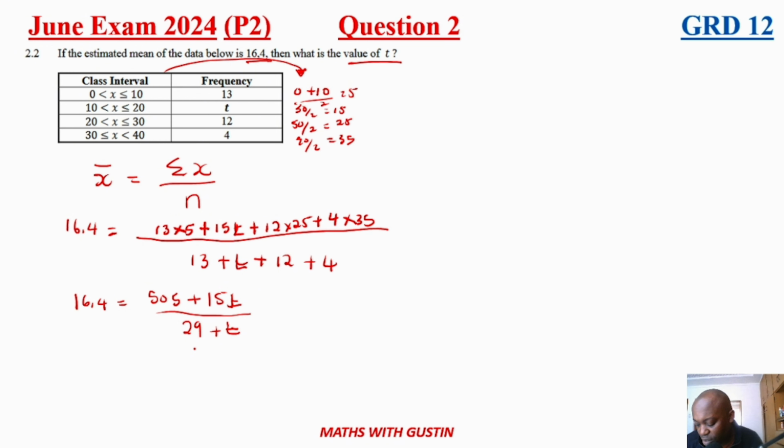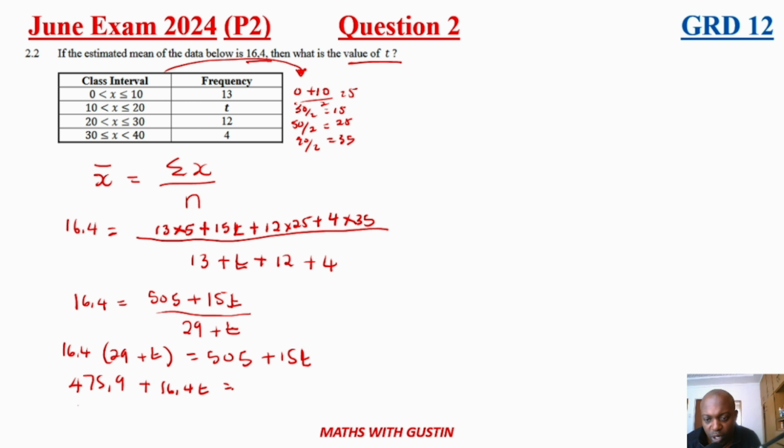Okay, great. Now let's go ahead and do the cross multiplication. In this case, we do cross multiplication: 16.4 times (29 plus t) is equal to 505 plus 15t. Now when you remove the bracket here, we have 475.6 plus 16.4t.